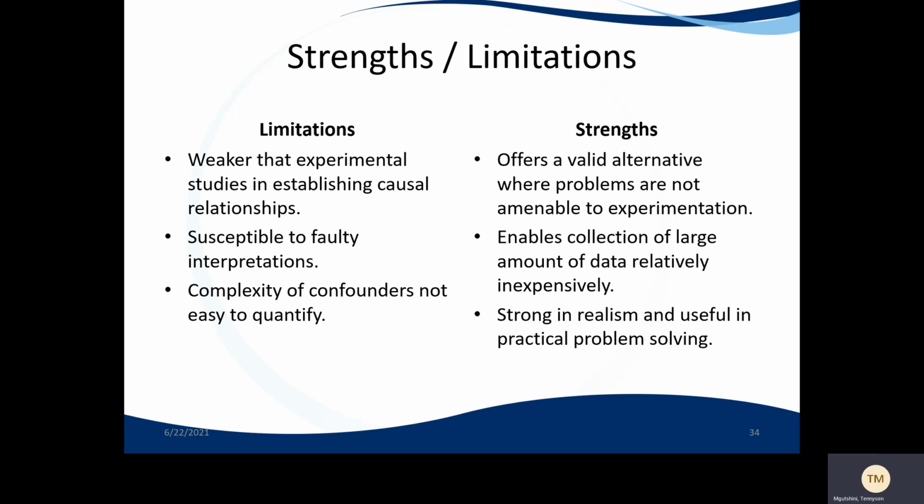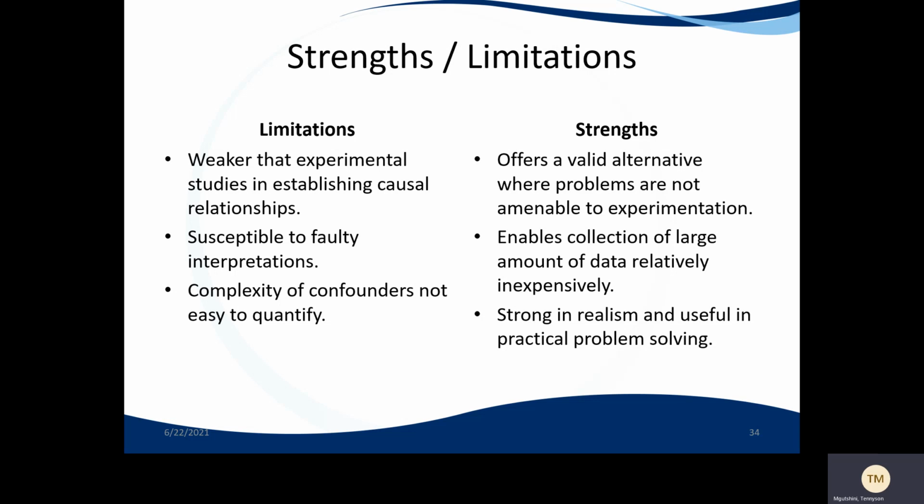So by definition, correlational research will be seen as weaker than experimental research because it's harder to establish causal relationships when you don't have a perfect experimental space to test whether, when you inject A, B happens. Correlational studies don't have that true experimental environment to test the causal relationship, so it's weaker in that sense.